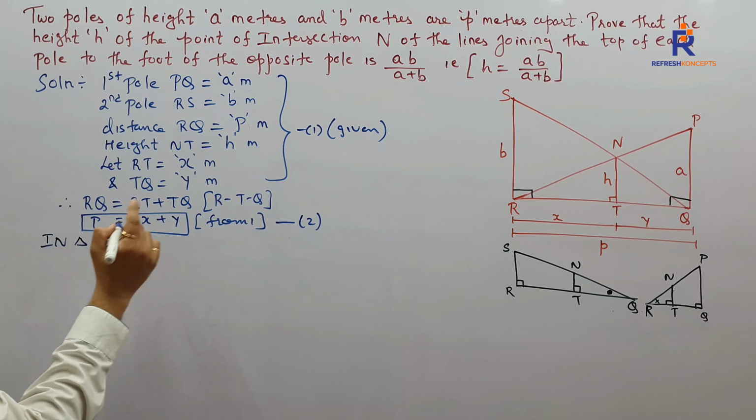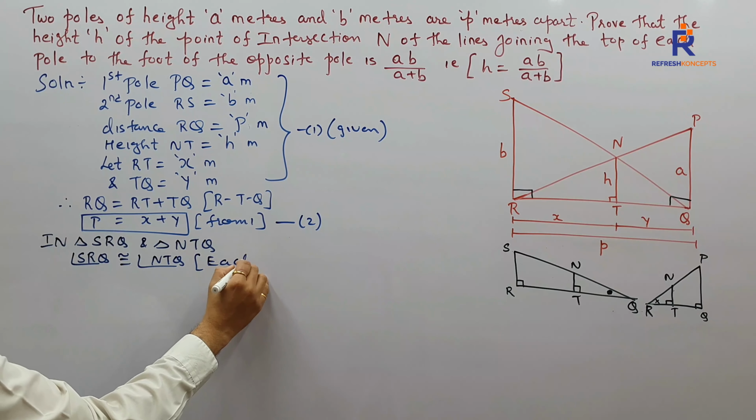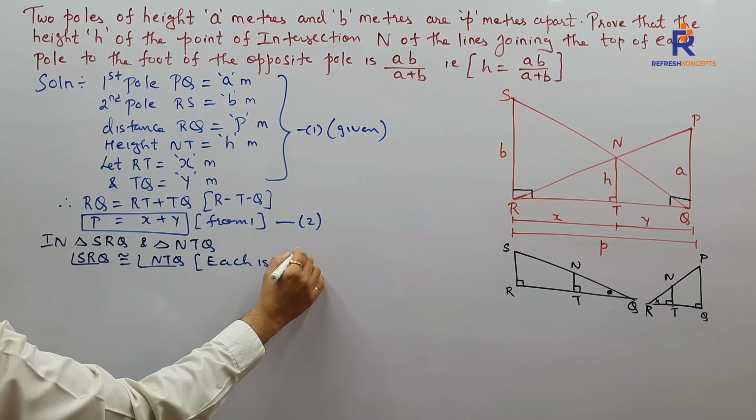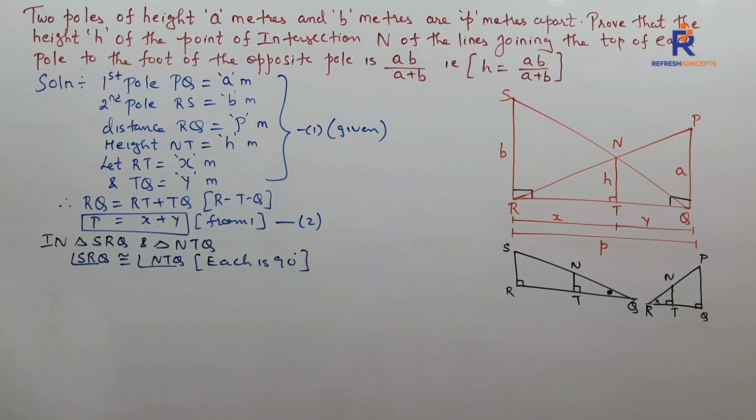Triangle SRQ and triangle NTQ. When I say SRQ, I shall take NTQ as one-to-one correspondence. Can I say angle SRQ congruent to angle NTQ? Reason, each is 90. What next?